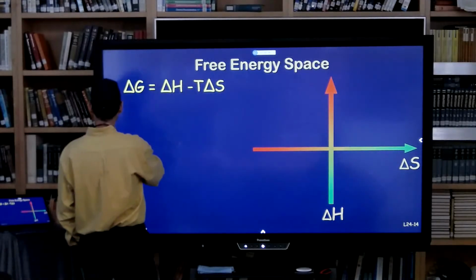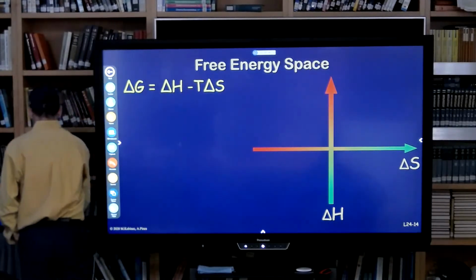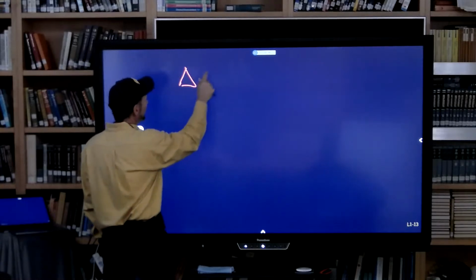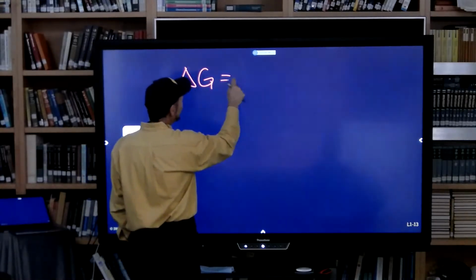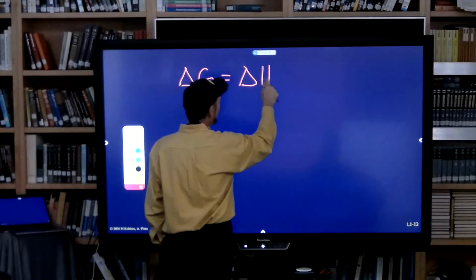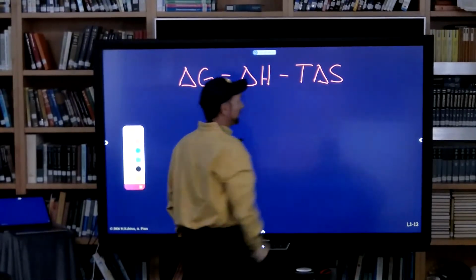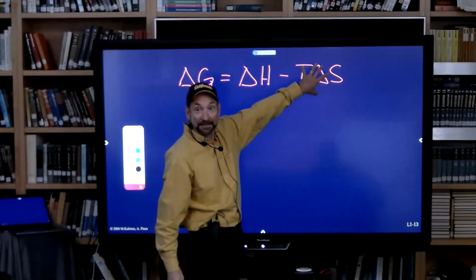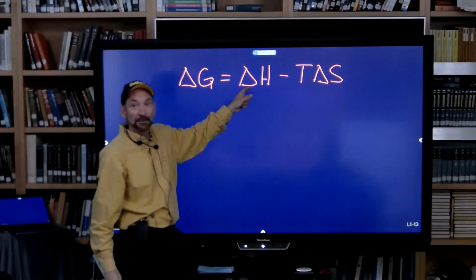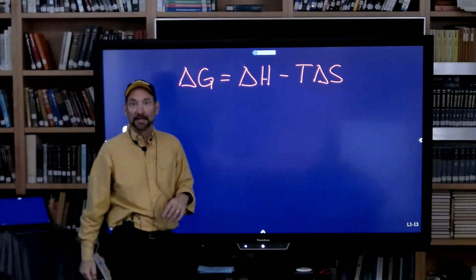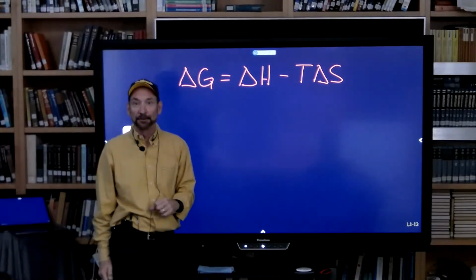And when you think about it that way, it even starts to make a little sense. This delta G that we wrote is the enthalpy of the reaction minus something. This entropic component. This component says you can't use all your enthalpy for doing useful work.